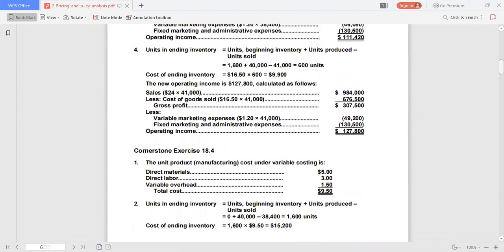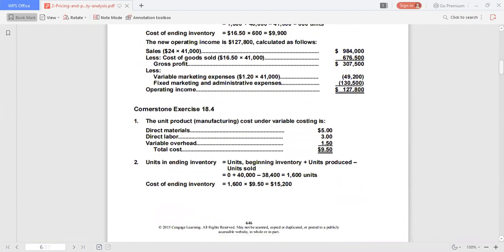In exercise number 4, we are going to determine the unit product cost by using variable costing. So, with variable costing, we begin with direct materials, direct labor, and variable overhead.